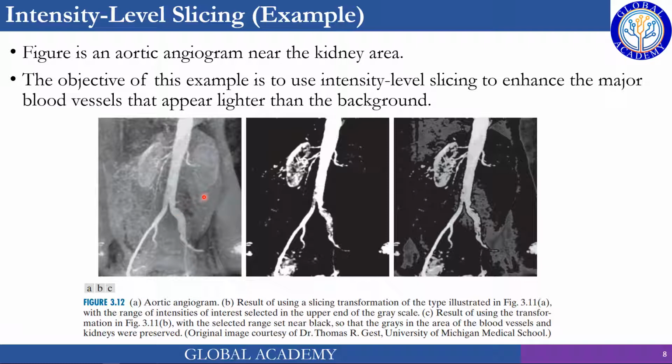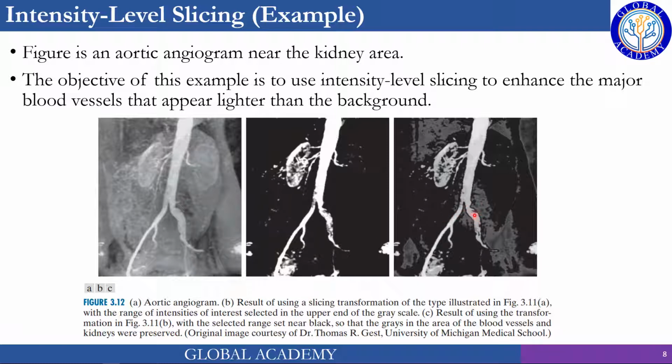The image in the leftmost position is the original image. The image in the center is sliced using the simple method of binarization. These vessels are represented using a range of gray levels, which are mapped to say 255, a white color, and the rest of the image is mapped to a black color.